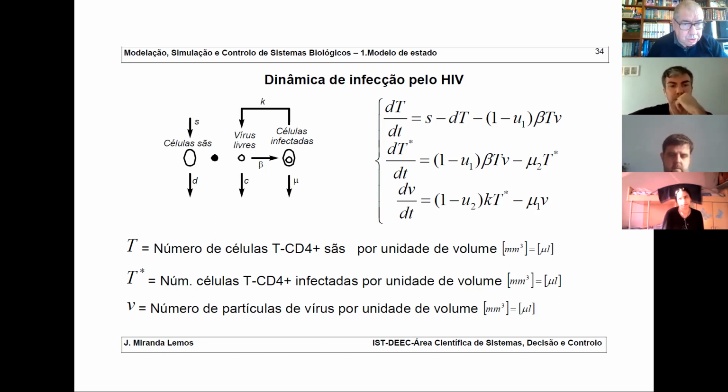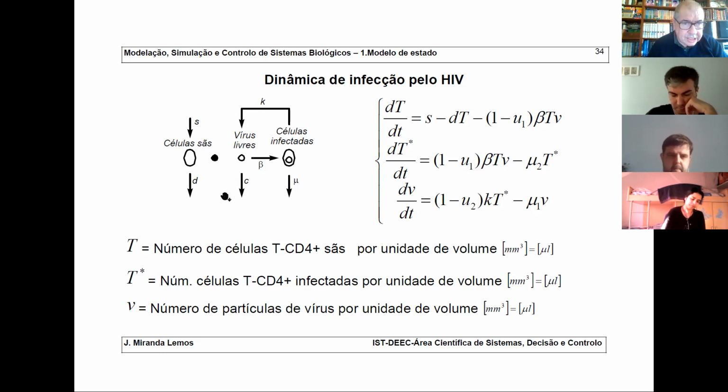and they produce infected cells that in turn produce more free virus. And the free virus, well, you can't say they die because they are not alive. They are not living bodies, but they are somehow inactivated with some rate. And the infected cells also have some death rate that eliminates them.